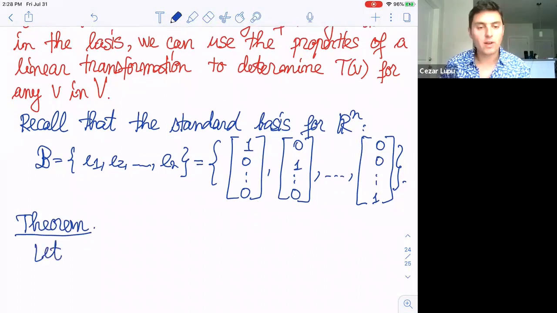I will consider this time a linear transformation from Rn to Rm.